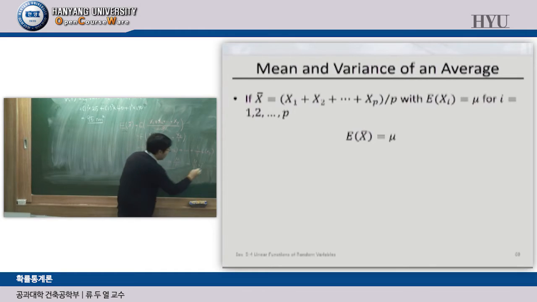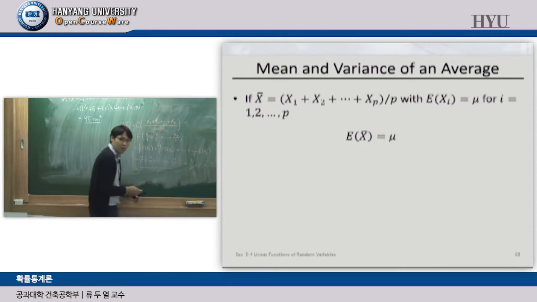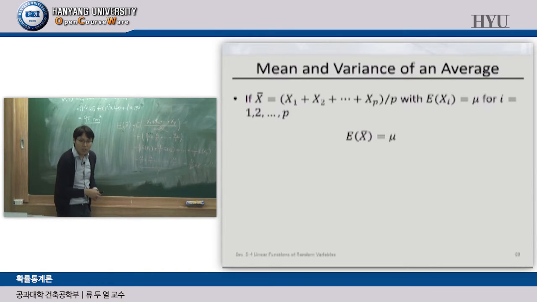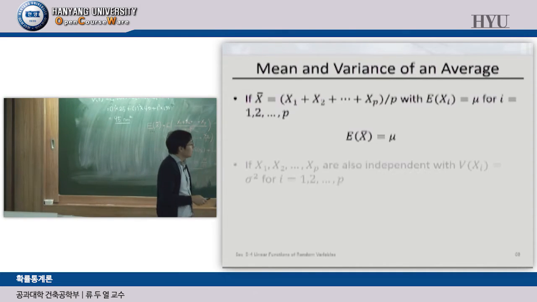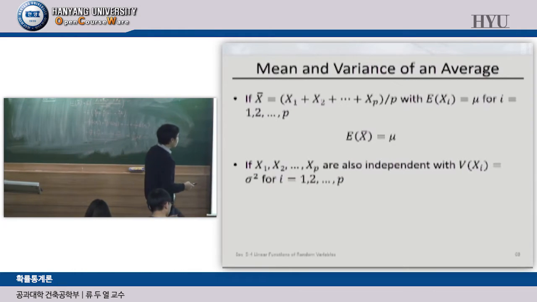Okay? So p can be eliminated. That is equal to mu. Okay? So we have the mean of the average of x is equal to mu.